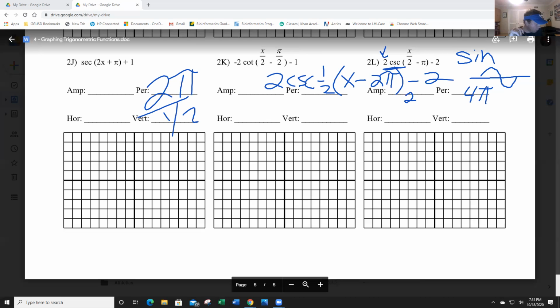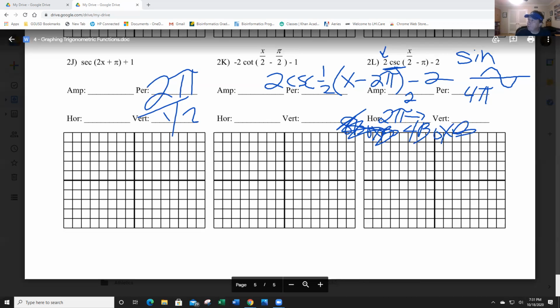The horizontal shift is going to be 2 pi to the right. Now 2 pi to the right is going to be a massive shift. That thing is going to be 8 boxes. I'm sorry. It's going to be 2 pi is 4 boxes.